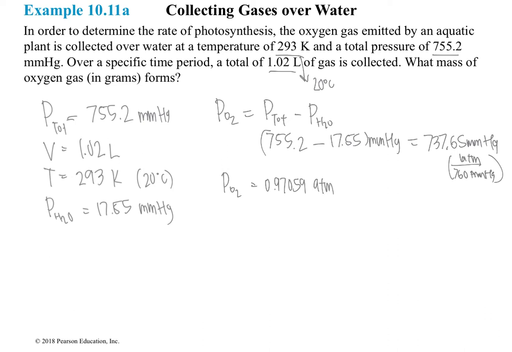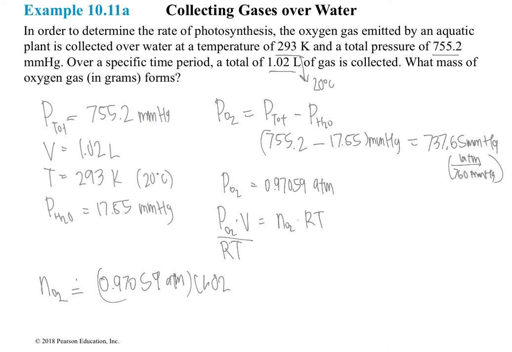So to find the amount of moles of oxygen, well, I'll use PV, pressure of oxygen, times V equals moles of oxygen times RT. So to find the moles, I'm going to divide by RT. So my moles of oxygen are going to equal pressure of oxygen times my volume divided by R divided by T in Kelvin.